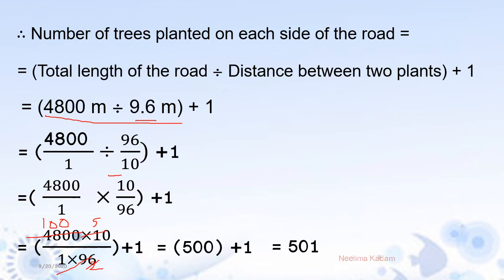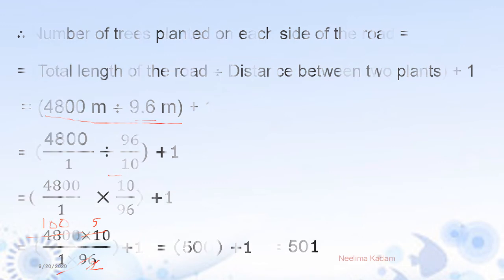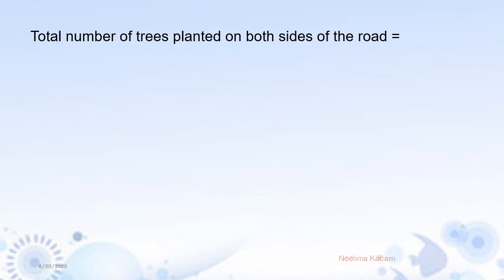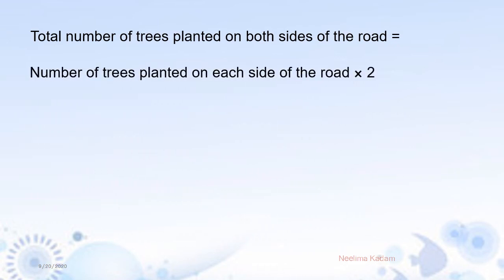Now on each side we see here. So for the total number of trees planted on both the sides, we have to multiply by 2. So the total number of trees planted on one side will be 500 plus 1, that is 501.